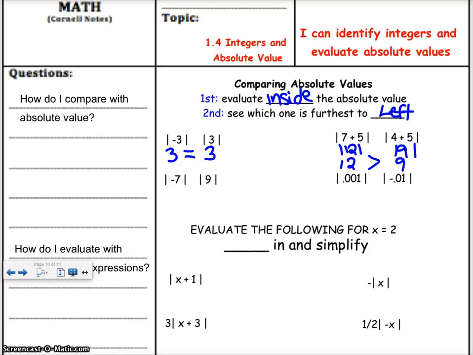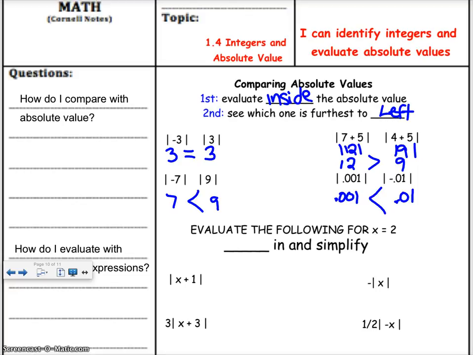Negative 7 is 7 away from 0. 9 is 9 away from 0. Smaller. And last one. 0.001 is 0.001 away from 0. Negative 0.01 is 0.01 away from 0. And then my bigger one is my 0.01.